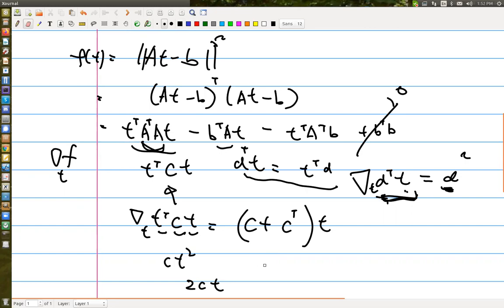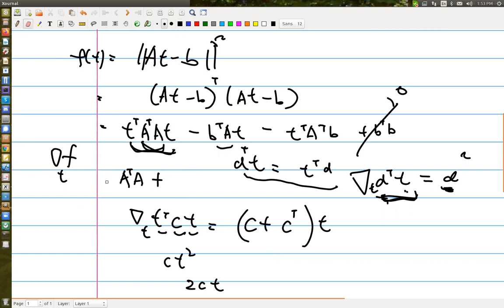So anyway, taking the derivative of this should be C plus C transpose times T. I have A transpose A, and the transpose of A transpose A is still A transpose A, right?